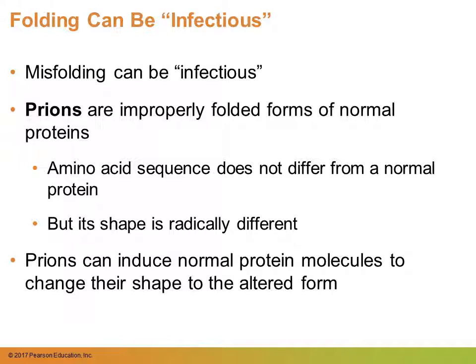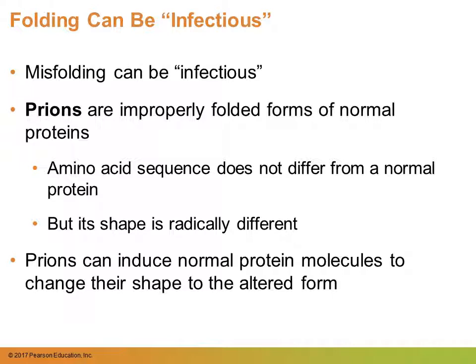Now, sometimes proteins are misfolded, and this misfolding can be dangerous and even be considered infectious. These misfolded proteins are called prions. And it says the amino acid sequence does not differ from a normal protein, but the shape is radically different.